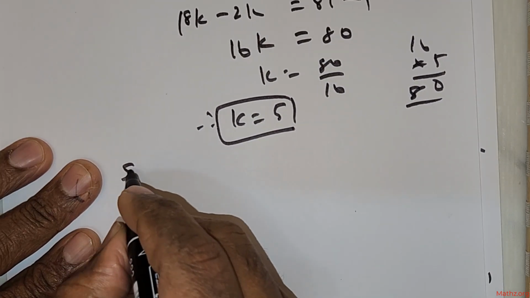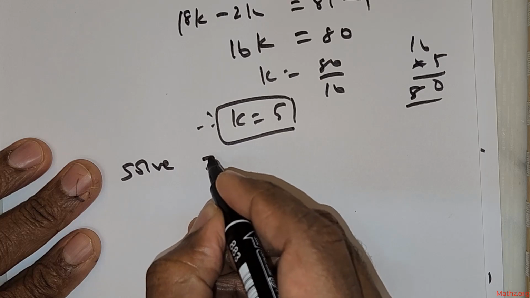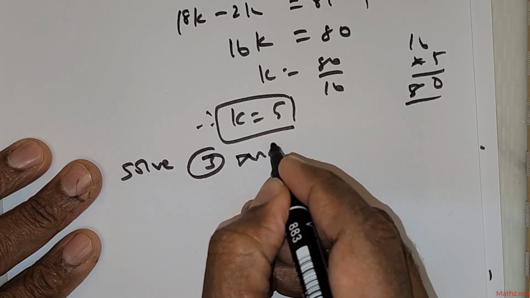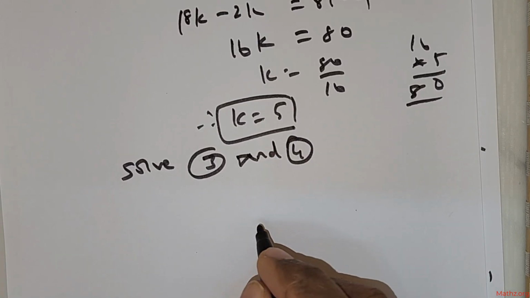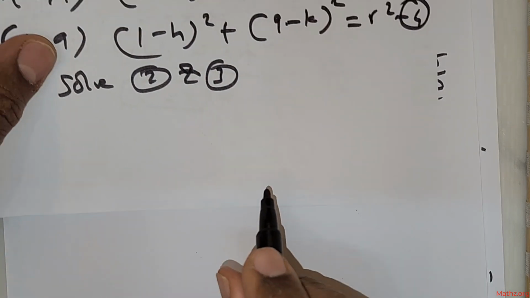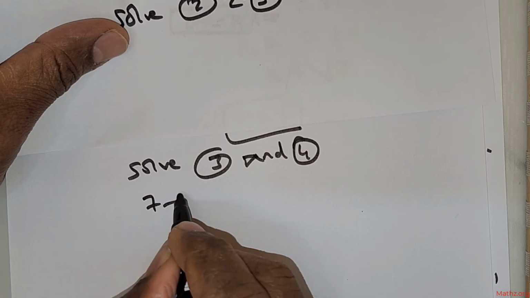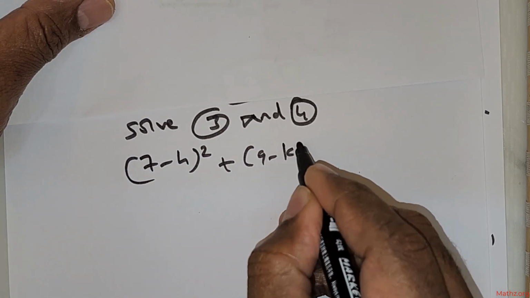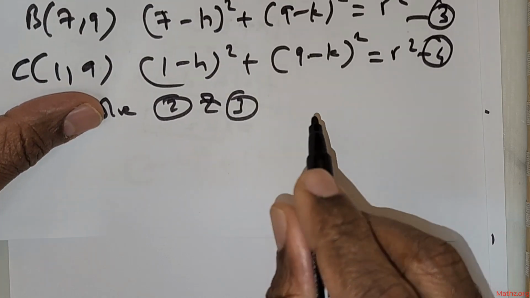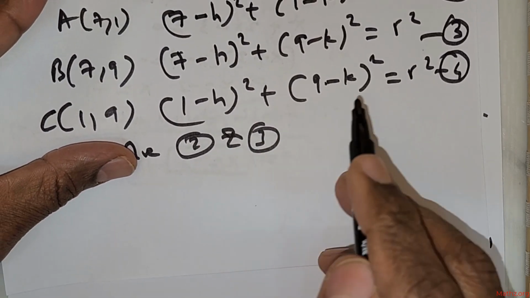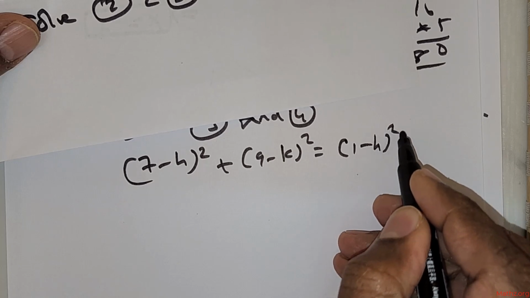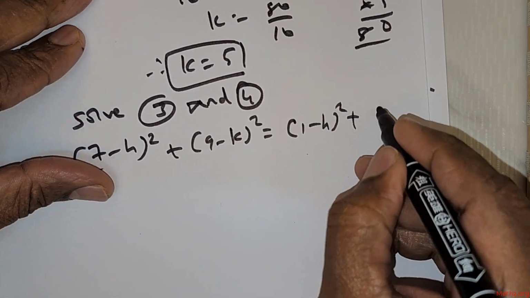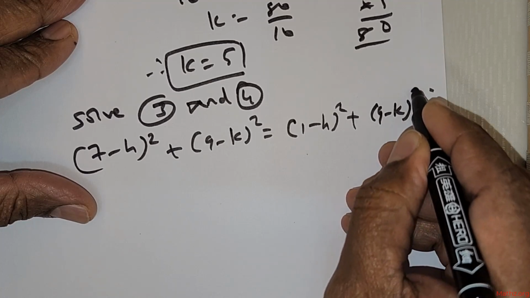Now we will solve 3 and 4. So what is 3? My 3 is (7 − h)² + (9 − k)² = (1 − h)² + (9 − k)².